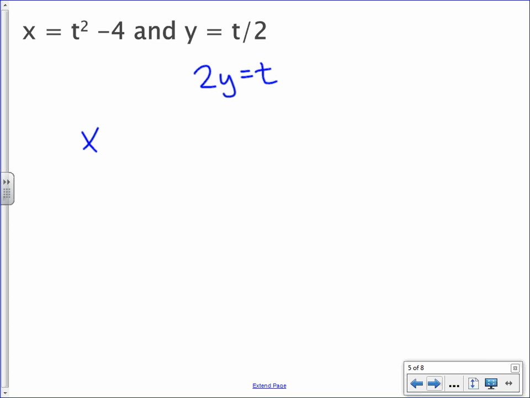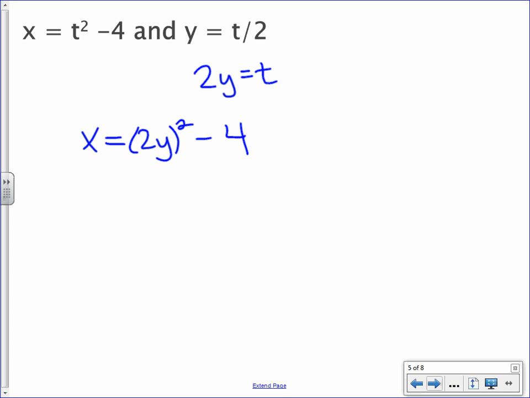So we have x equals 2y, the quantity squared, minus 4. So now we have one equation with just x and y. T is gone. Now we're going to simplify this so it actually looks like an equation for a parabola that opens to the right.